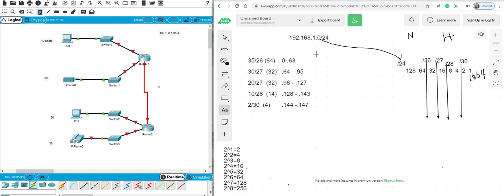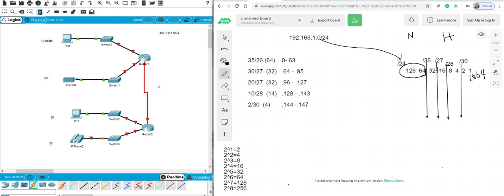So for a /26, this is where that CIDR notation comes in, where I was telling you to remember your subnet mask. So for your /26, if I'm looking at it over here on this line, how do you figure out your mask? 128 plus 64.